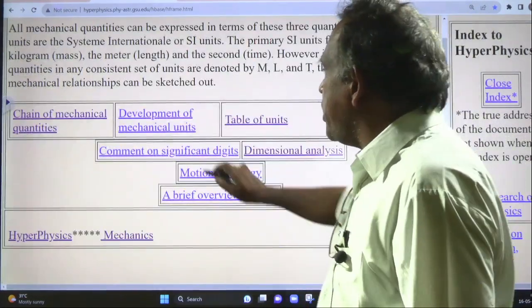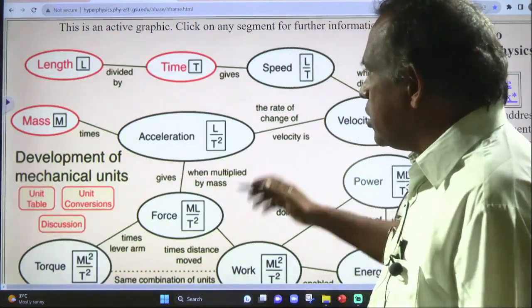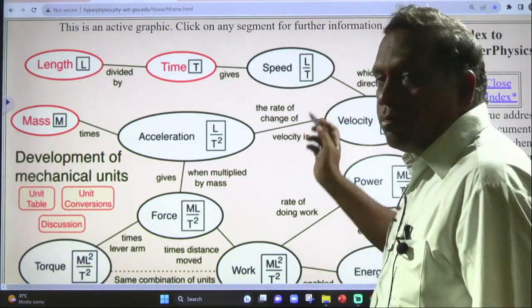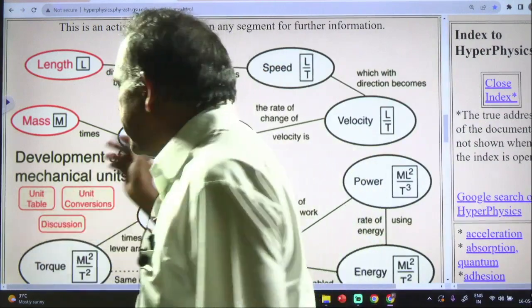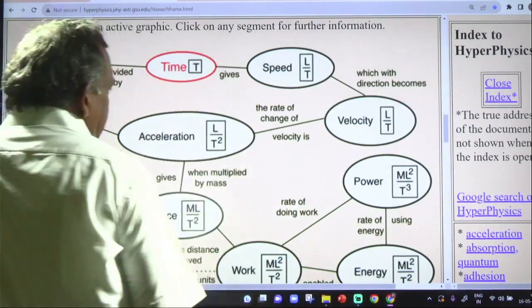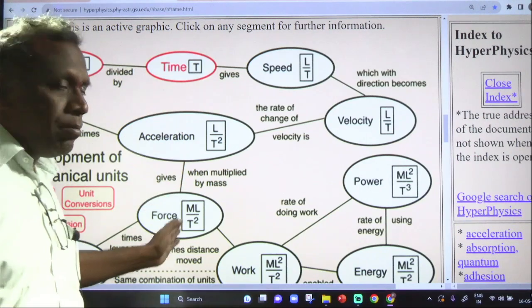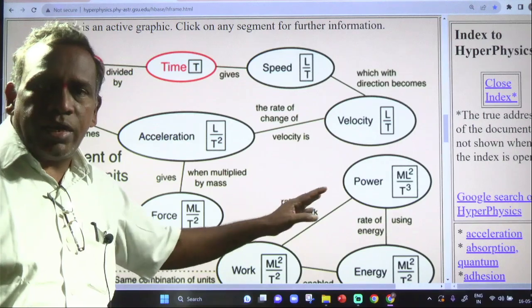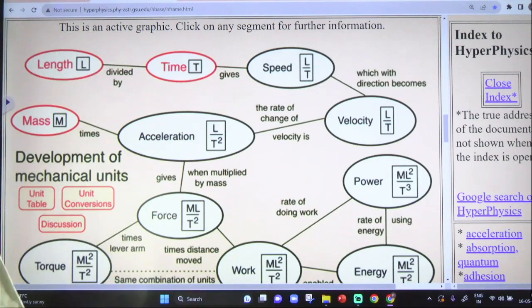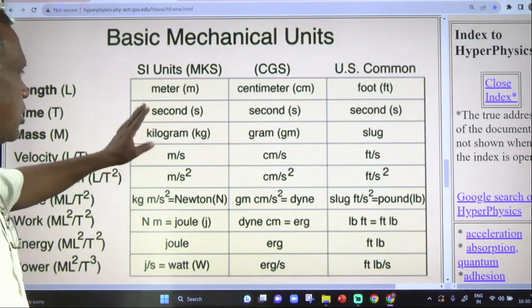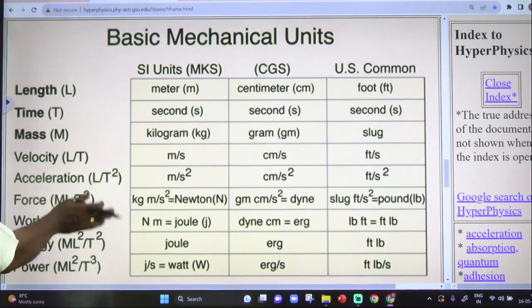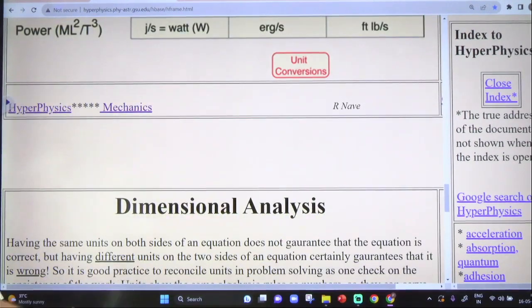And the development of mechanical units: length divided by time is speed, mass into acceleration is force. M L by T square, that is M L T power minus 2, is the force dimensional formula. In the last video we discussed different units and unit tables. So, dimensional analysis.